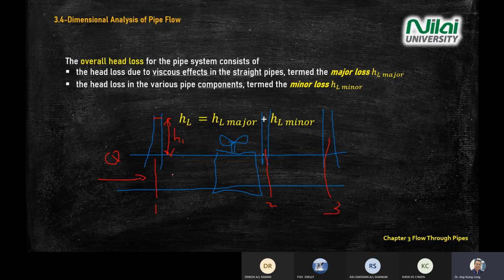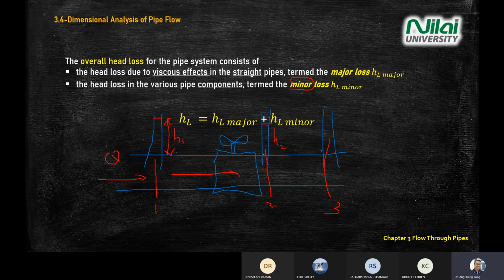As the flow passes this component, there will be a drop of height. A little bit, because it's just minor. It's a component, so very, very small losses. Of course it can be big, but normally it's a small change because usually the valve and all this, the internal is a smooth surface.